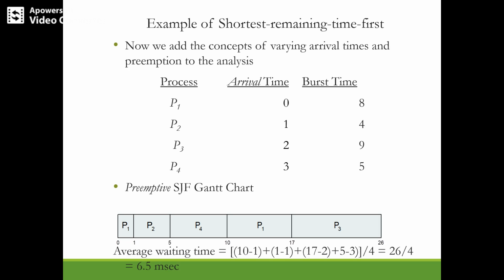So if you try to draw the Gantt chart, how would the processes possibly arrive? The first thing to be considered is the arrival time. As you know, process P1 has arrival time 0, so that takes charge of the CPU first. Process P1 will arrive at time 0.